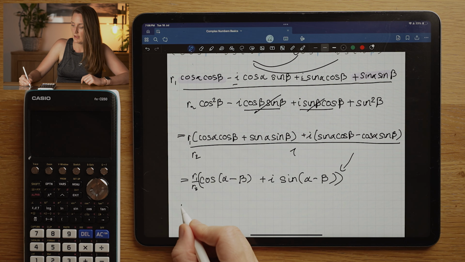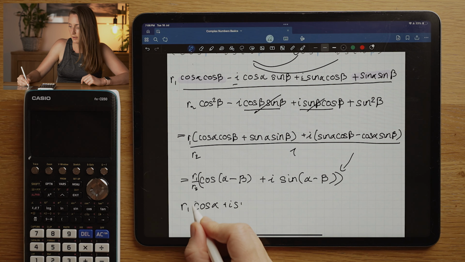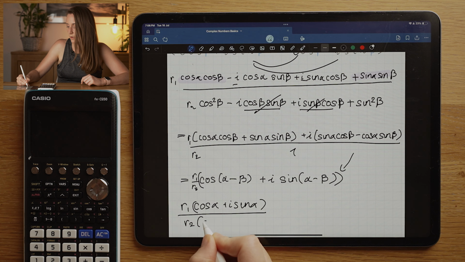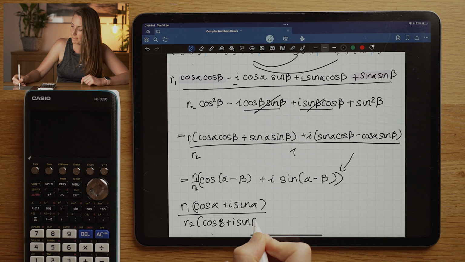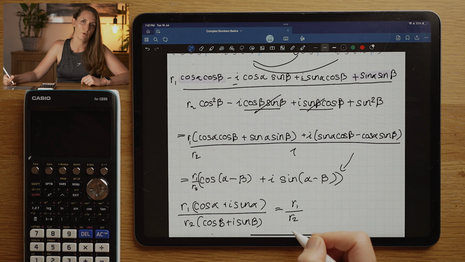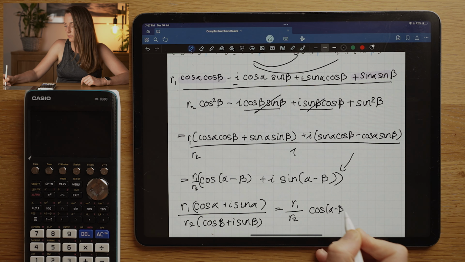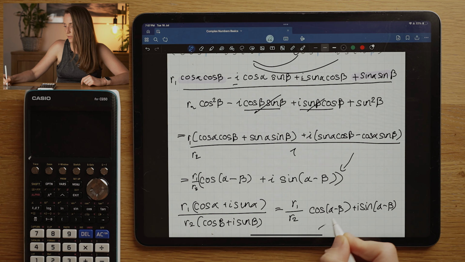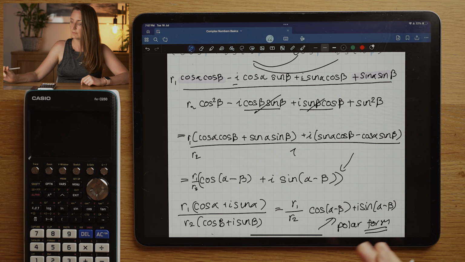And we can summarize as follows, that r1 times cos alpha plus i sine alpha, divided by r2 times cos beta plus i sine beta, ends up being equal to r1 divided by r2, so you need to divide the moduli, and then cos of alpha minus beta plus i sine of alpha minus beta. And now this is in fact in polar form.